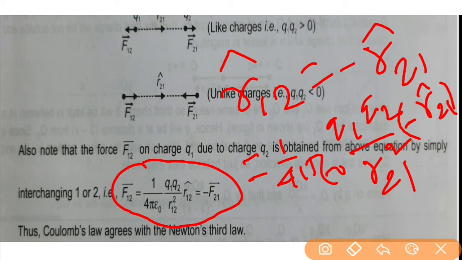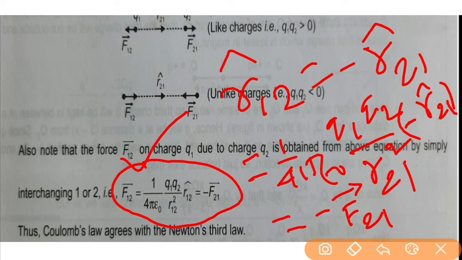So this is minus F21 force, so we get F12 vector equals minus of F21 vector.